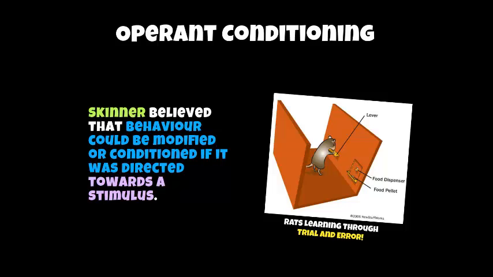What the rats eventually learned to do through trial and error was to press the lever in order for the food to come out of the food dispenser. So they were conditioned, if you like, to know that pressing that lever would give them food and therefore succeed at something. The theory behind that stimulus response is what is known as operant conditioning.